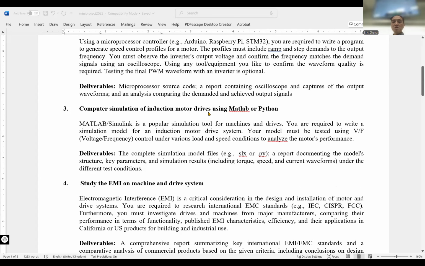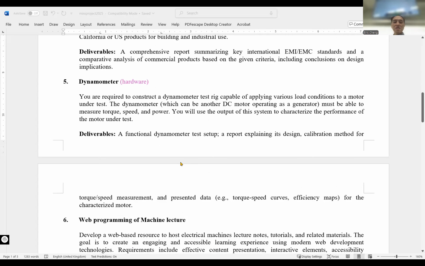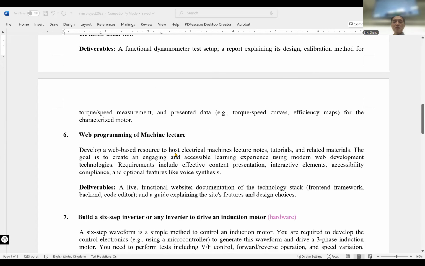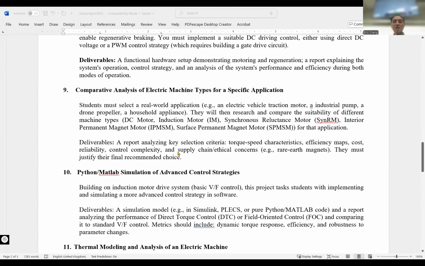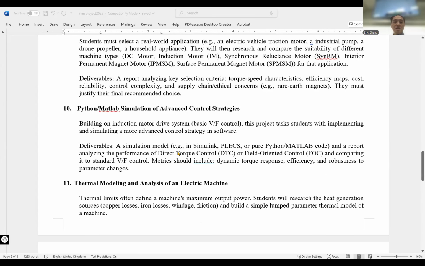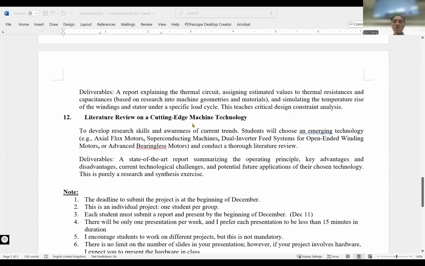There's also computer simulation using MATLAB or Python, studying EMI, dynamometer, programming electric machines using web programming, developing an inverter drive, a DC motor drive system, and a machine system, using a Python simulation platform, thermal modeling, how to develop a thermal model, and also a literature survey for some new machine technology. So there are a number of projects. You can choose any one. They all have different topics.